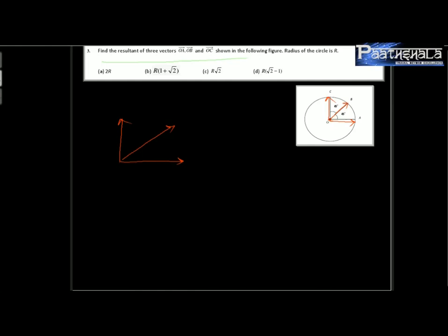So what we'll do over here is resolve the vector OB along two perpendicular directions. This angle is 45. So this is A, B and C, and this is the arc of the circle that has been given.